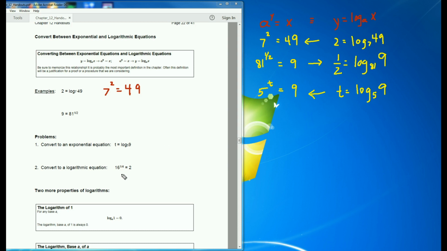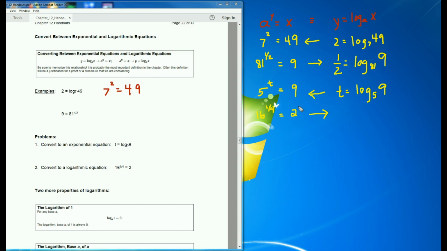And then let's see, on this one we've got an exponential equation. So we have 16 to the 1/4 equals 2. All right, and now we're converting this way. I'm sorry, I think I wrote that wrong. 16 to the 1/4 equals 2.